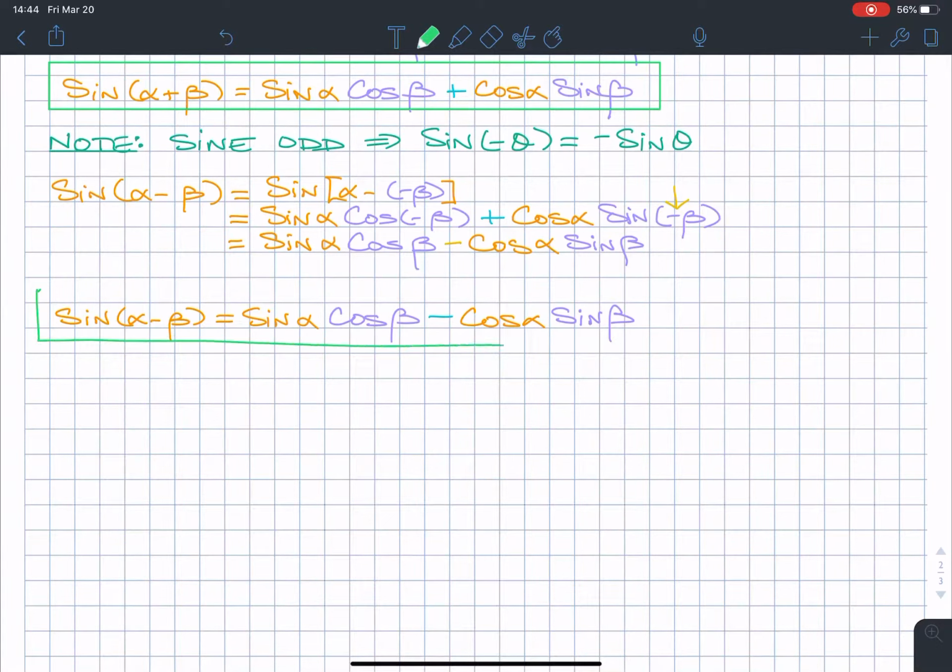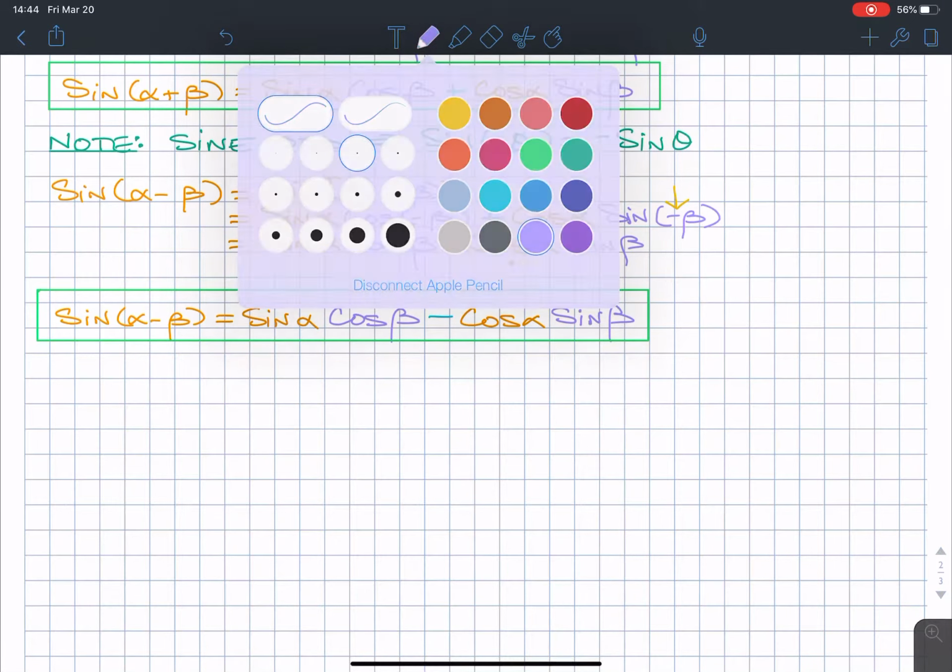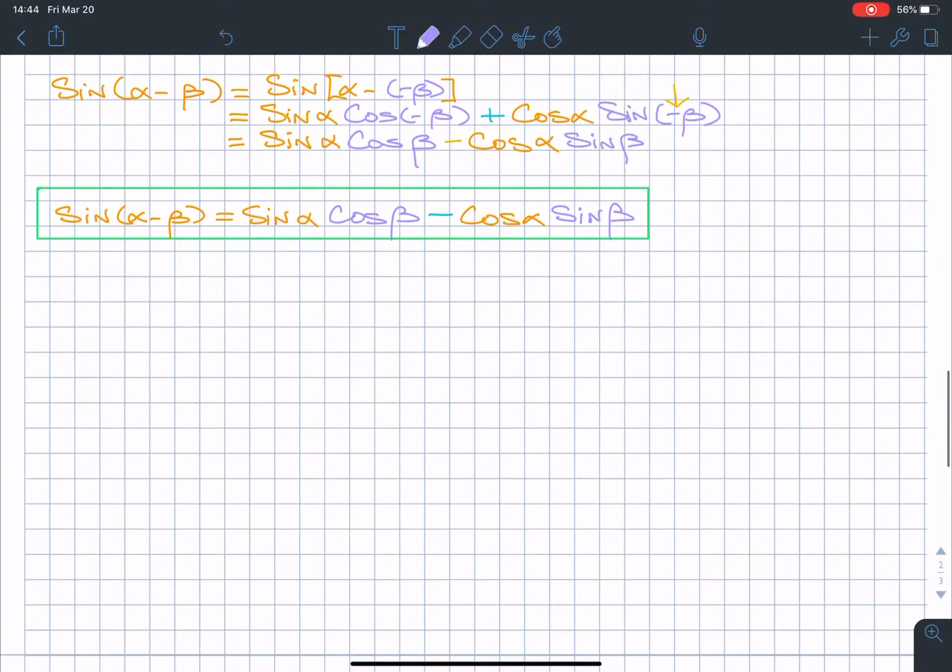Well, maybe if I can draw a square, we can recap this. Yes, okay. So the sum and difference formulas.